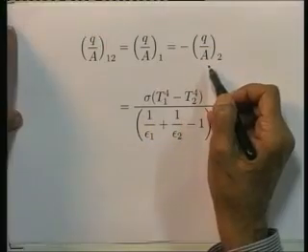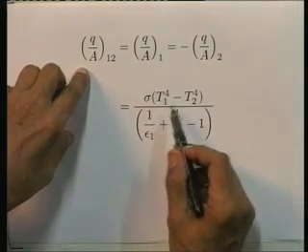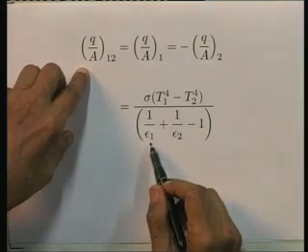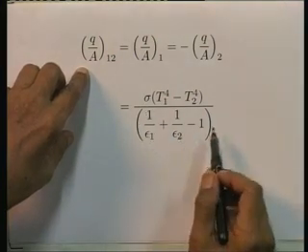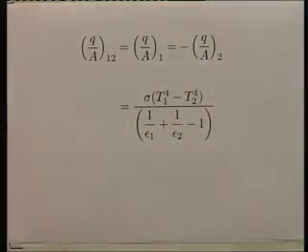So, in this particular case, since there are only two surfaces involved, q by A 1 2 must be equal to q by A 1, which in turn must be equal to minus q by A 2, and that in turn is equal to sigma (T 1 to the power of 4 minus T 2 to the power of 4) divided by (1 by epsilon 1 plus 1 by epsilon 2 minus 1). So, this is the expression that we are looking for, the heat flux supplied at the surface 1 or at the surface 2.